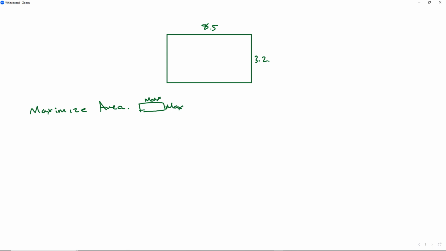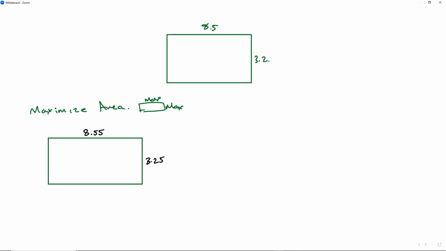So which means that if I had to actually draw this, given that it's still rounding to one decimal place, then I know this can go to 8.55. I know this can go to 3.25, and that would be my maximum length and maximum width.